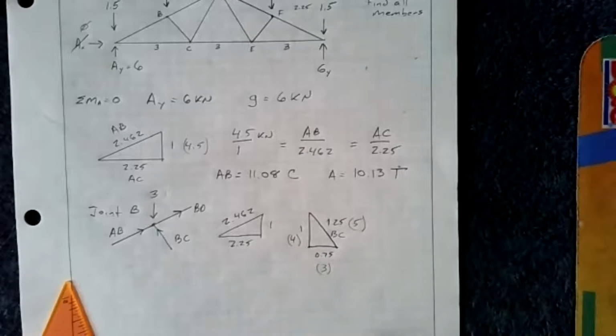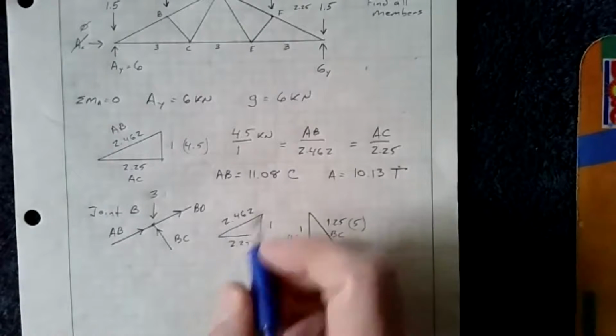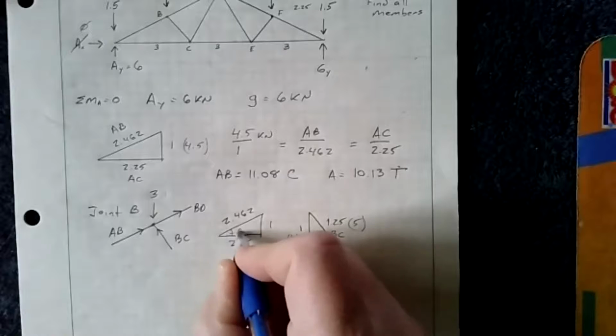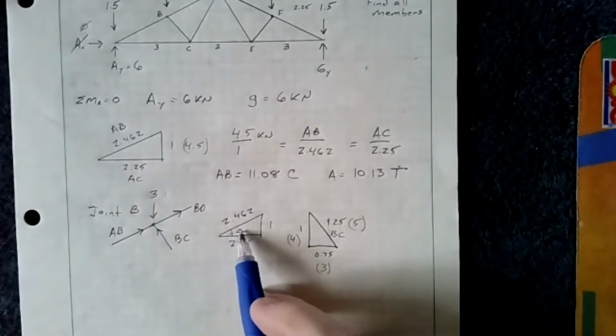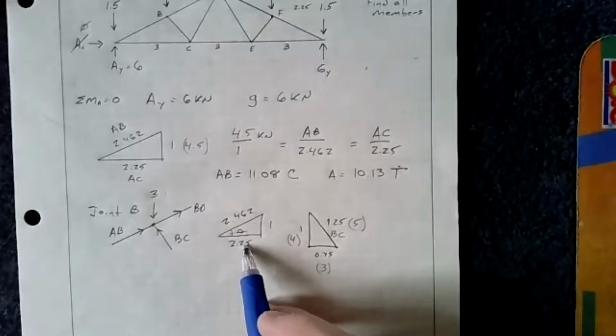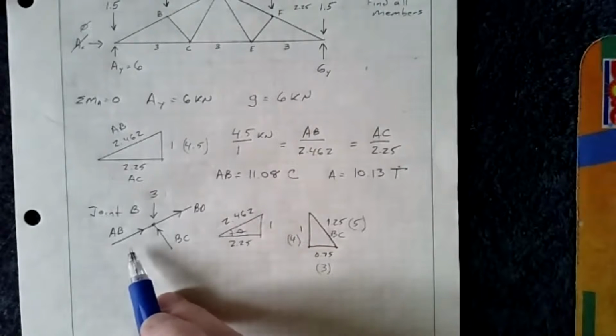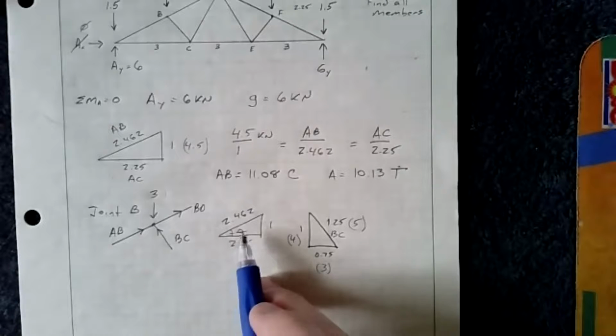So this is a lot easier, I find, than determining the angle. So for example, I could find that angle there, theta, by taking the inverse tangent of 1 over 2.25. And then I'd get the angle. And then what would I do when I came back to sum the forces in the X? Well, what would I want to know? I'd want to know how much force is in this direction.